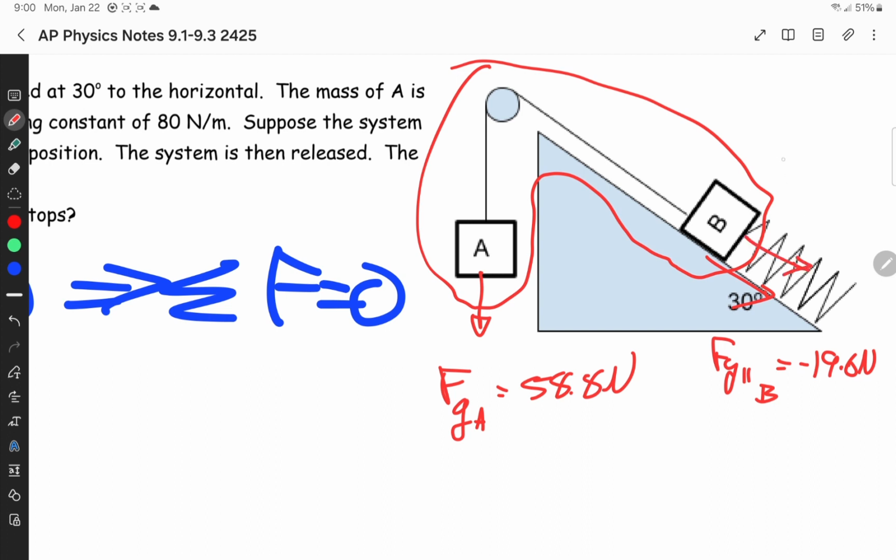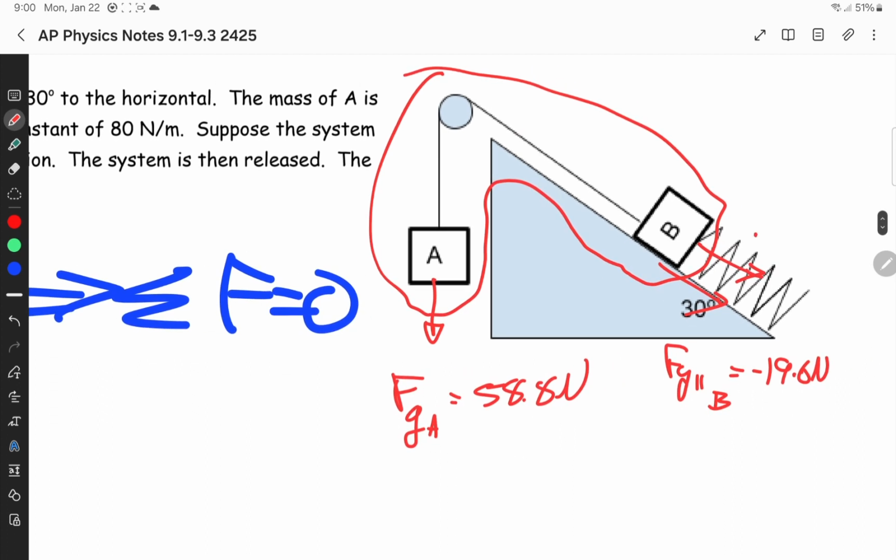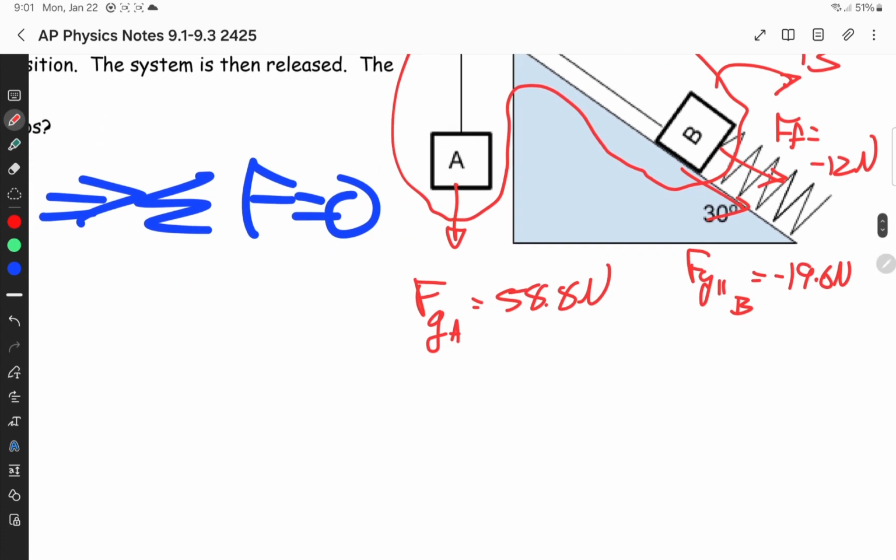We've got force of friction, which was, what, negative 12 newtons? And then we've got the force of the spring trying to prevent it from stretching. So when these all cancel out, our net force will be 0.